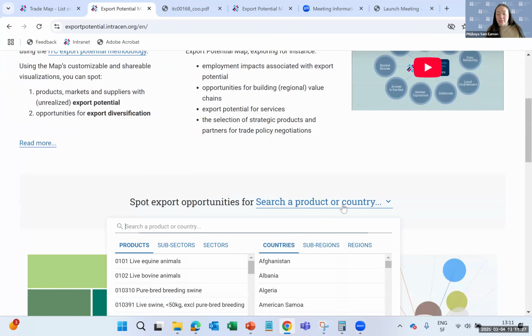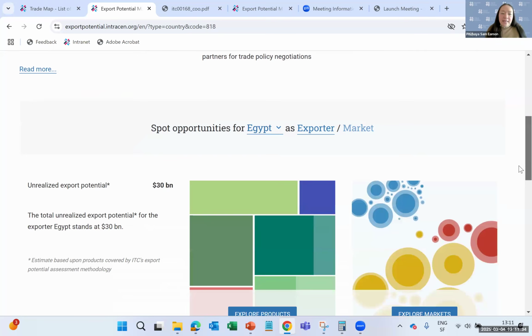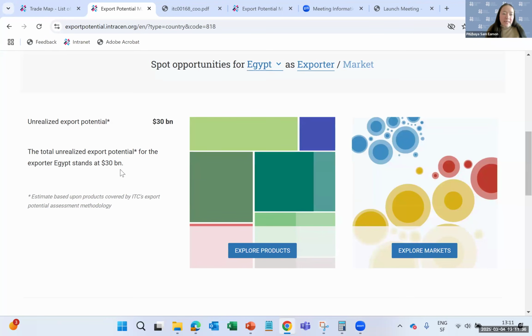Again, what we can do is also do it by country. Just like what I mentioned before, Egypt, and immediately it provides you some reading. It's saying unrealized export potential for Egypt by 2029 sits at 30 billion US dollars. And if you want to, the next step is whether you want to find out in which product this export potential lies or in which market.